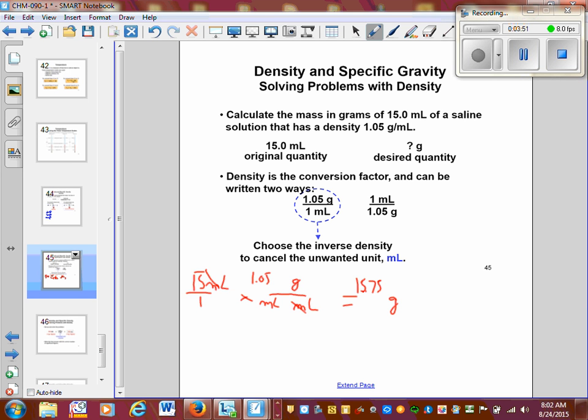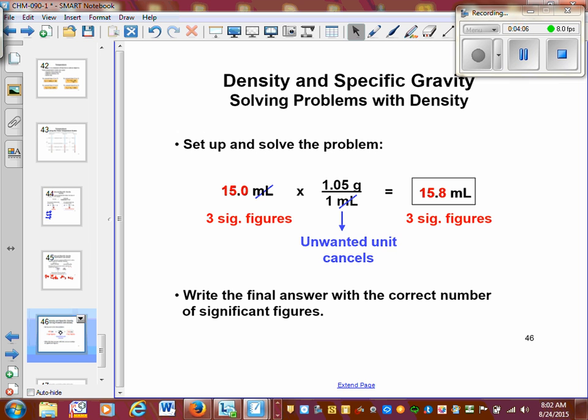So our answer has to have 3. So what would it be? 15.8. Okay? Pretty straightforward.